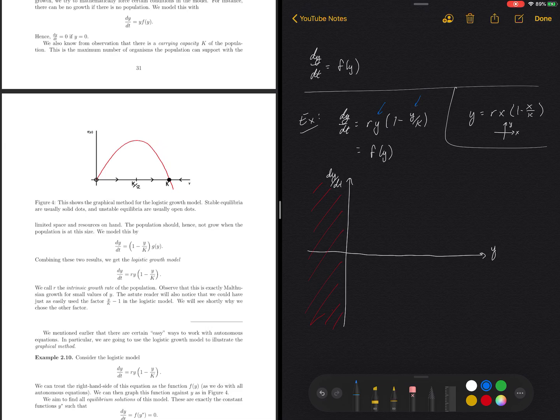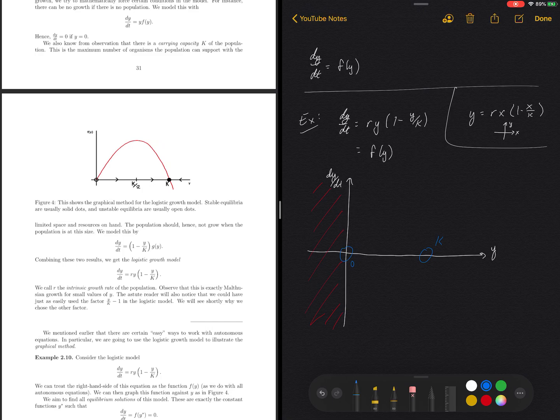And this, you'll notice, is a parabola. This is a downward-facing parabola with roots where either r y is equal to 0 or 1 minus y over k is equal to 0. So that would be here at 0 or at k. So let me go ahead and mark those.